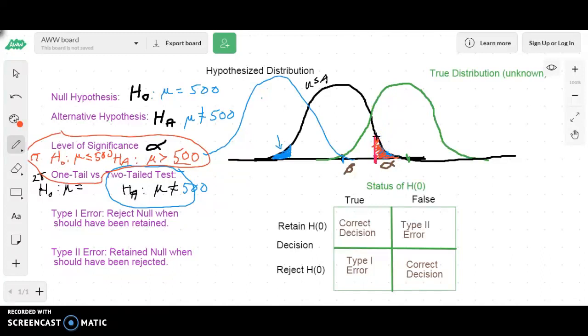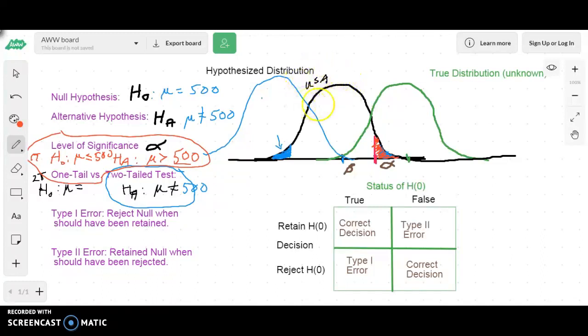All right, now, how does this work? Let's go with the whole idea of the SAT scores again.